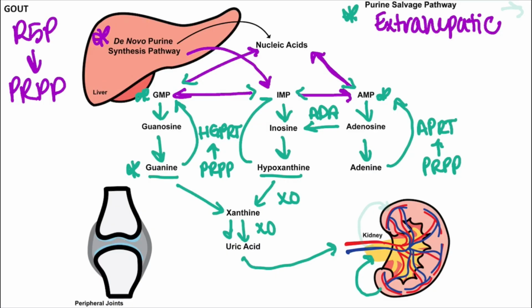But uric acid can also be reabsorbed from the filtrate back into the bloodstream. So this would increase uric acid levels. So this balance between filtration of uric acid, tubular secretion, and tubular reabsorption, all of these components combined determines what amount of uric acid is actually being cleared from the body.